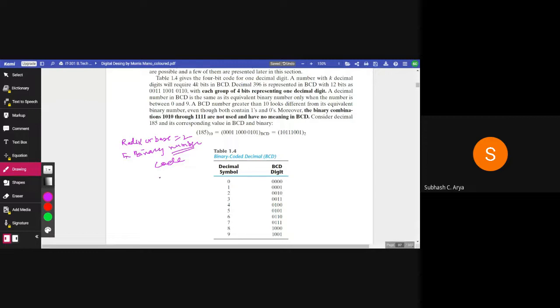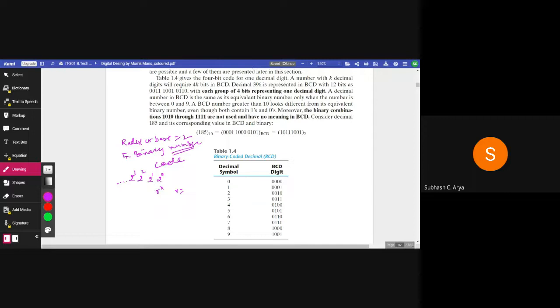I will write here. Suppose 2 to power 0, 2 to power 1, 2 to power 2, 2 to power 3, and so on. So this is your base, and then some value, where n is equal to 0, 1, 2, 3, 4.